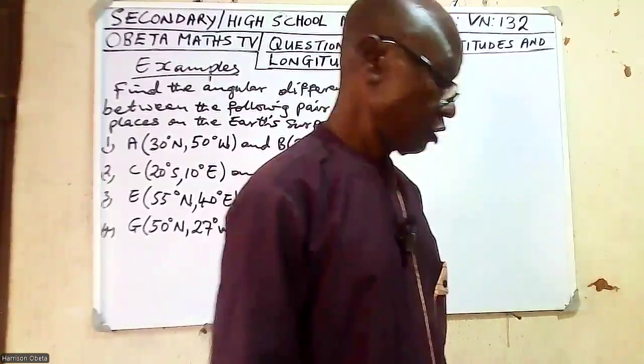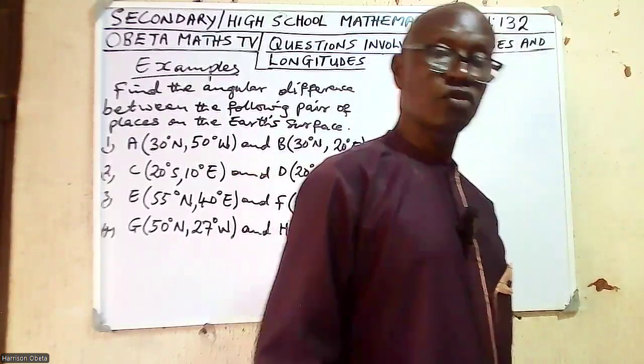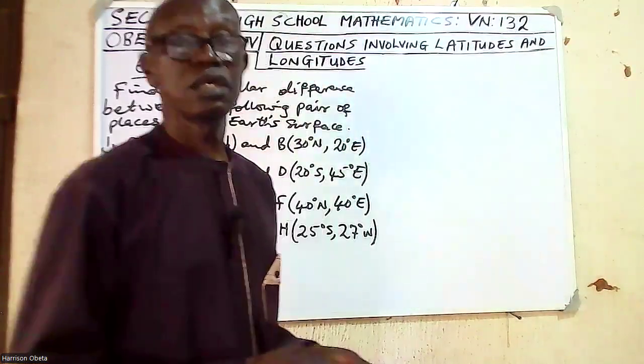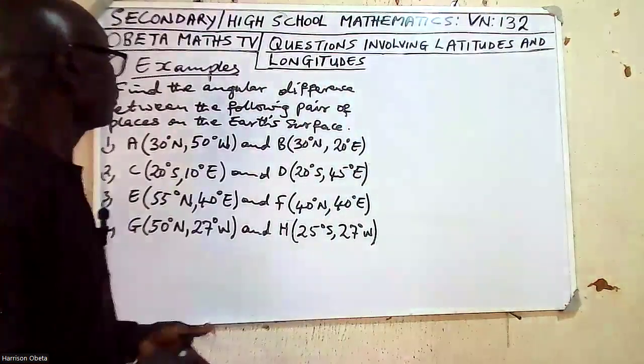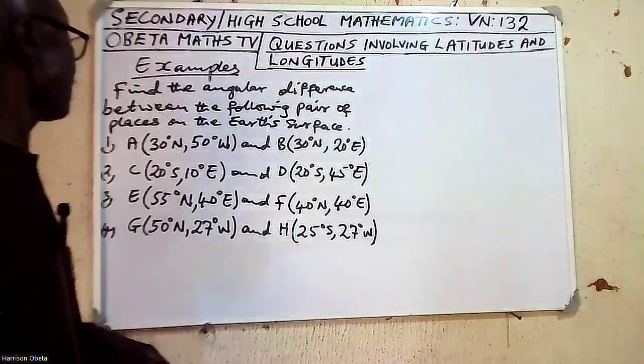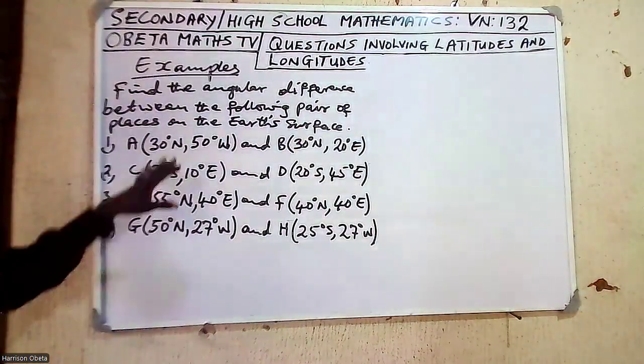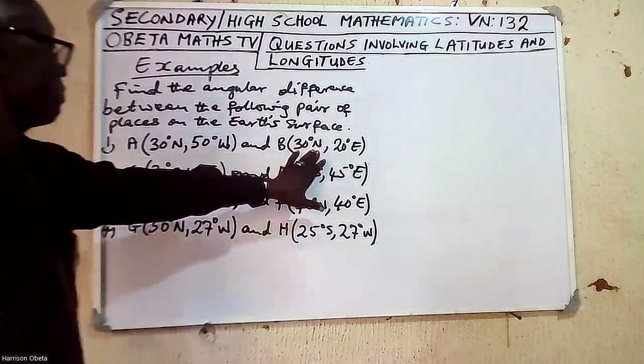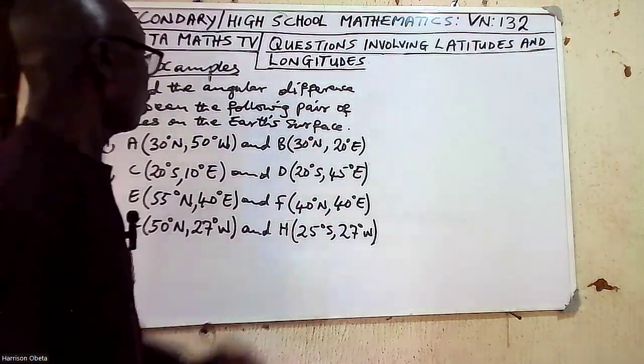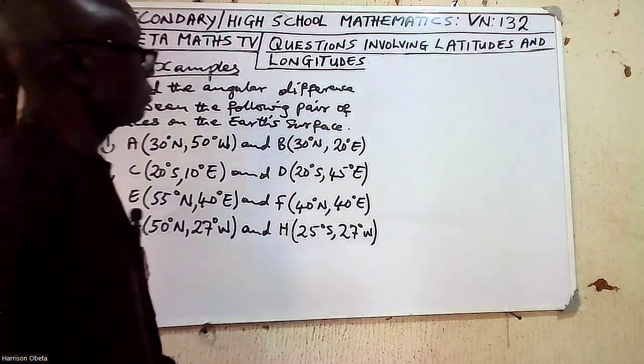So we have some questions on the board to find the angular difference between the points on the surface of the earth. So let's start by looking at them. This is a point, this is another point, and so on.